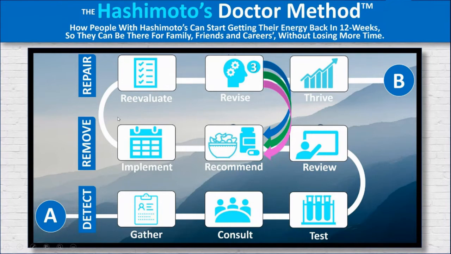And then we want to look at testing. We want to get testing to survey what's happening in a quantitative way, so we can put numbers to these symptoms and understand what's actually happening biochemically. That allows us to come up with a more specific, unique strategy based on that person's biochemistry.